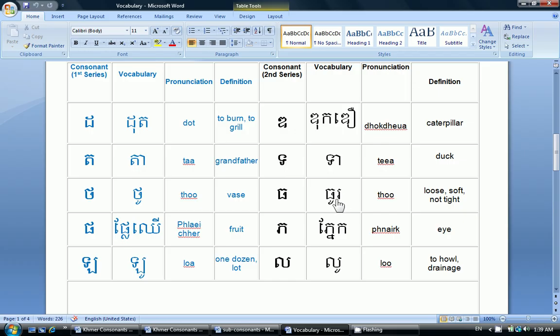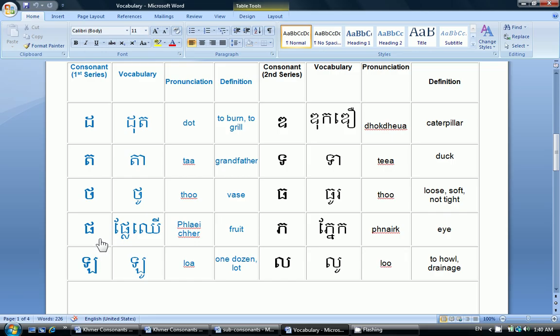Okay, notice this ro here. Just ignore it. When you see ro comes after a word, it usually just represents that word, so it's silent. Ro is silent. Okay, just ignore it. To means loose, soft, or not tight.